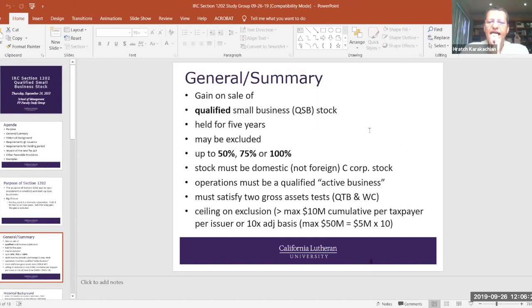So what are some of the highlights that allow a taxpayer to get this benefit? First, the position has to be sold at a gain. The next, which is by far the most important, it has to be qualified small business stock. And I'll get into the requirements of this in the slide, 2 slides after this one. The stock has to be held for a minimum of 5 years.